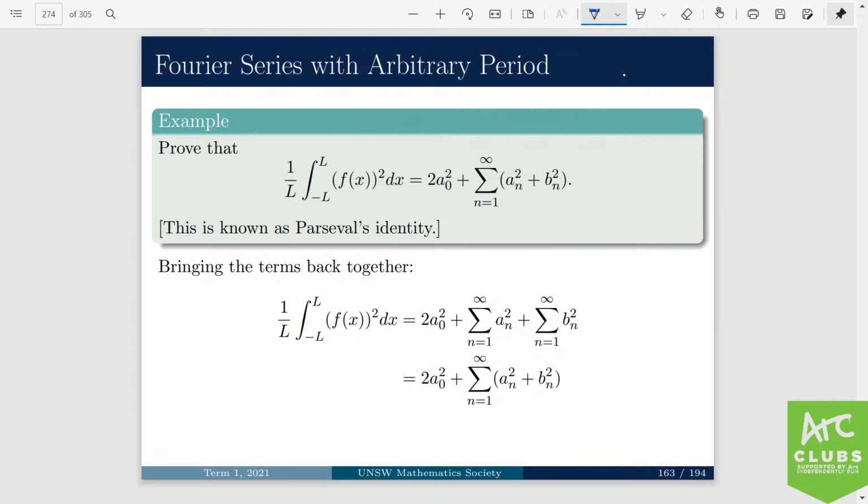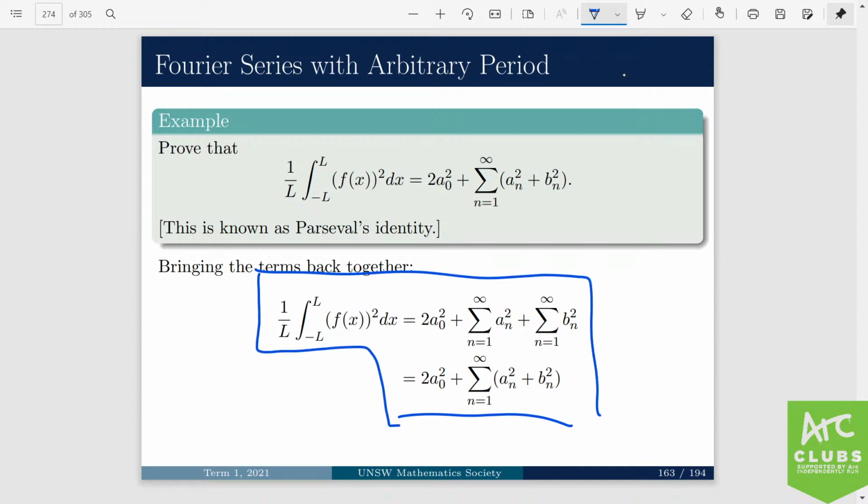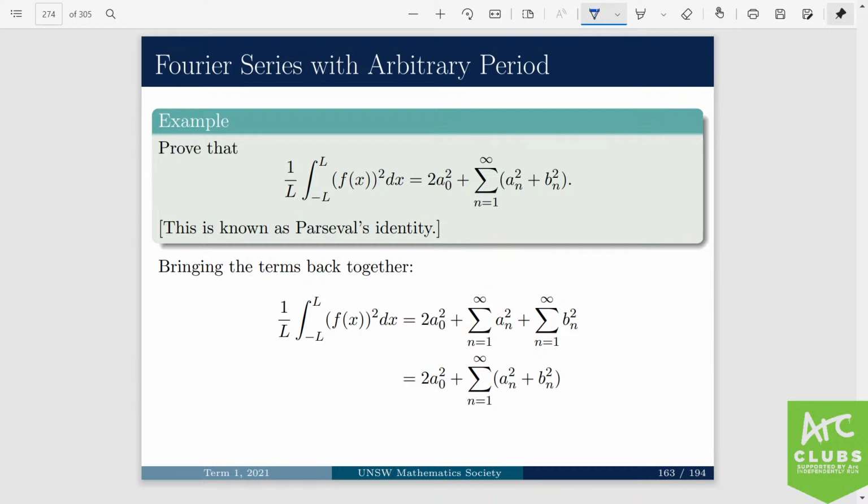So we can bring that into the same summation, and then that gives us this, which is exactly what we're looking for. Thank God we made it. We got to the end of this proof unscathed, which sometimes doesn't happen. Great. So that's that little proof there. I know sometimes proofs are a bit annoying, so if there's any questions, please let me know.